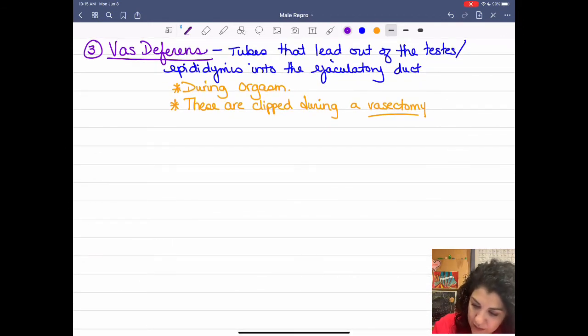I'm going to use black here. Let's say that you don't have a vasectomy.